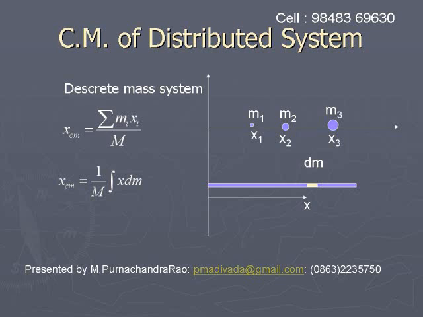Here x is the distance and dm is the small elemental mass at a distance x. We use this integral for finding the center of mass of the distributed system.